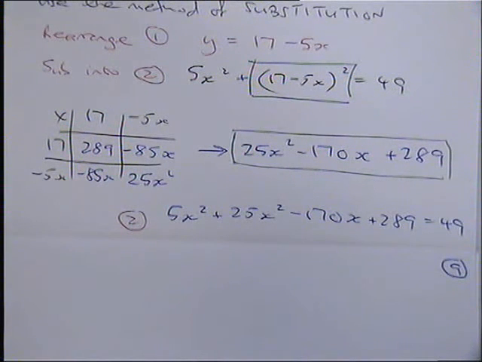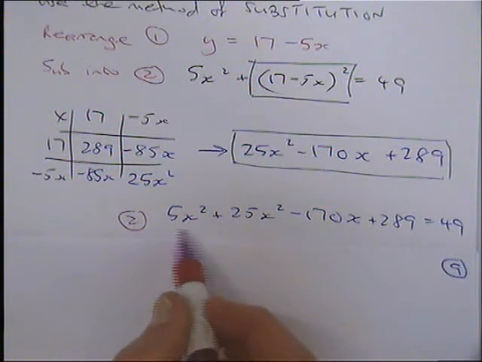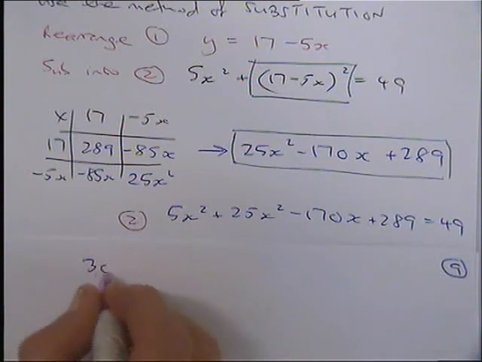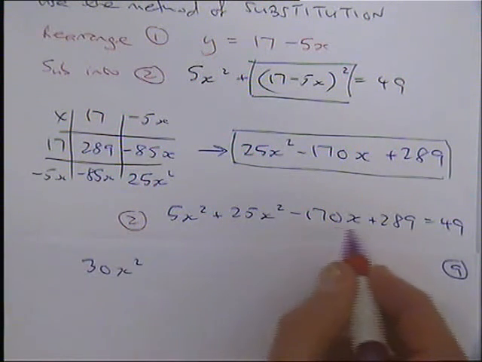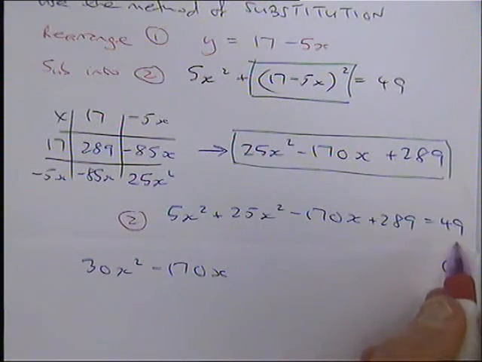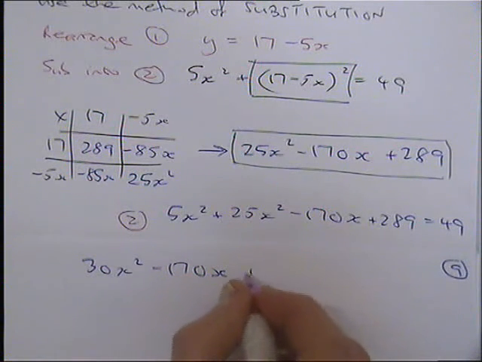Okay, what are we gonna do now? Yeah, we will make it equal 0 by taking the 49 off, and we'll try and combine as much as we can. Like 5x squared plus 25x squared is 30x squared. We've only got the one bit of x's, the minus 170x. If we take 49 off 289, we get 240.